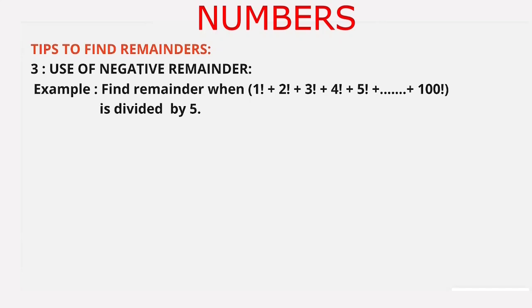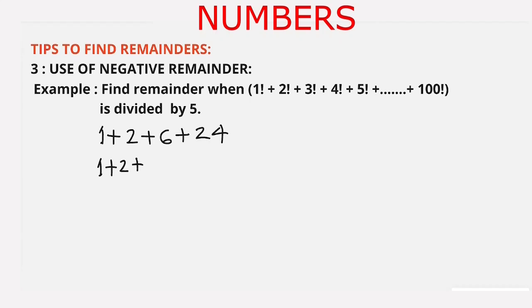So we have to find the remainder when factorial 1, which is 1, plus factorial 2 is 2, plus factorial 3 is 6, plus factorial 4 is 24, is divided by 5. So when 1 is divided by 5, the remainder is 1. When 2 is divided by 5, the remainder is 2.